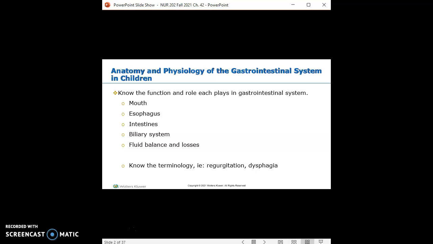You need to know the function and role each will play in the GI system and know what the differences are between an adult and an infant and a child. Also, if there's a word that's highlighted in blue and you're not familiar with it, such as regurgitation or dysphagia, you will want to look these up and be familiar with them.